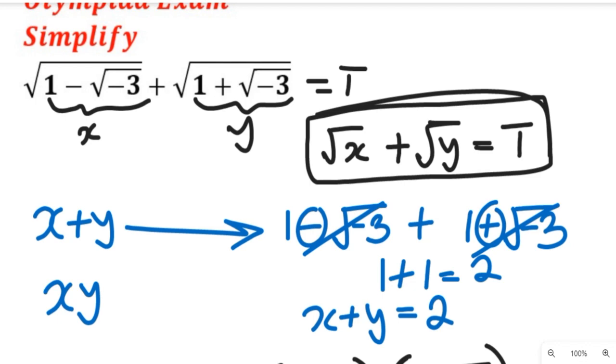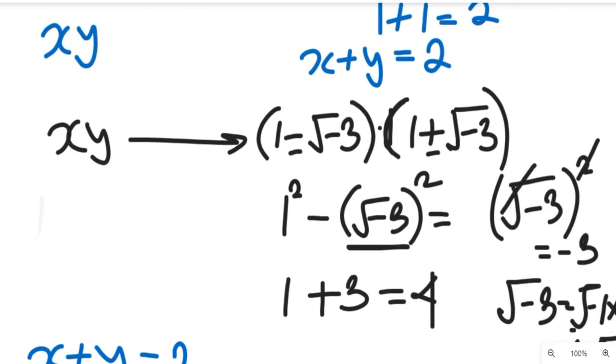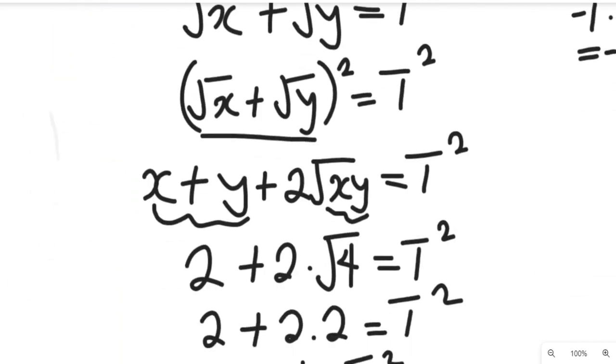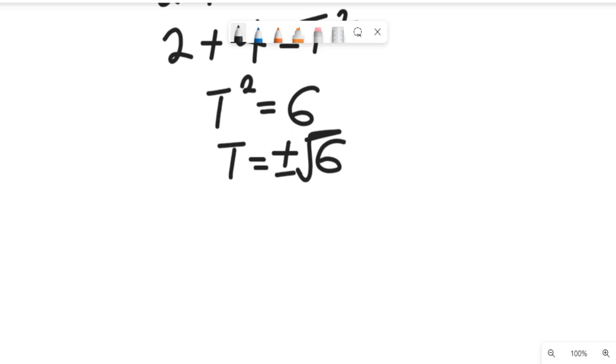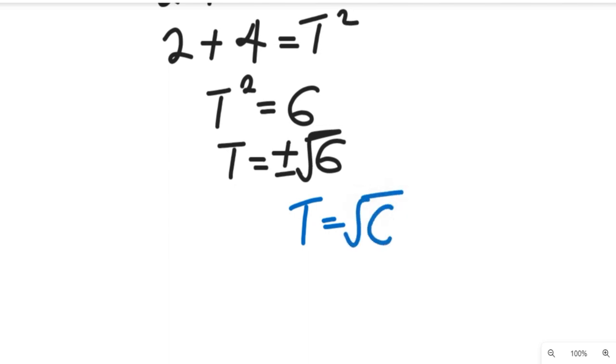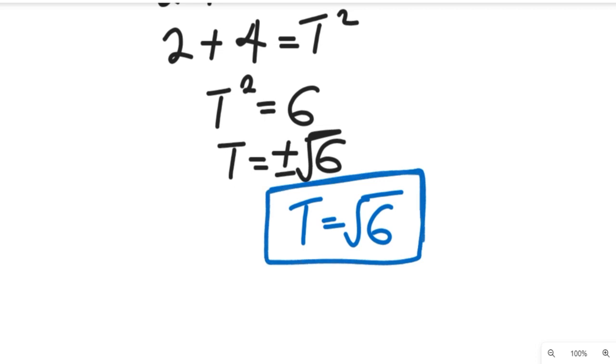So that means our result on the right hand side must give us real values. So the solution to this expression will give us t equal to the positive square root of 6. So if we simplify that expression, our result is going to give us t equal to the positive root 6.